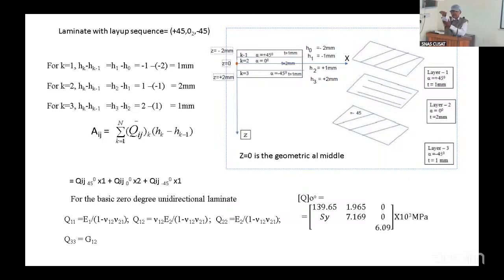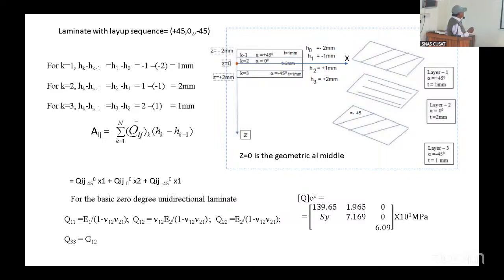Why 0 in between? Because there is a terminology called interlaminar shear. To smoothen it, 0 is put in between. We are not discussing that now. So here, one layer of 45, one layer of minus 45, and 2 layers of 0 degree.